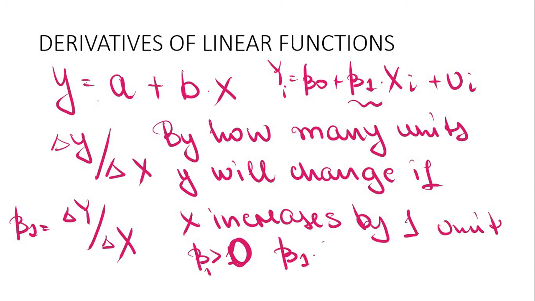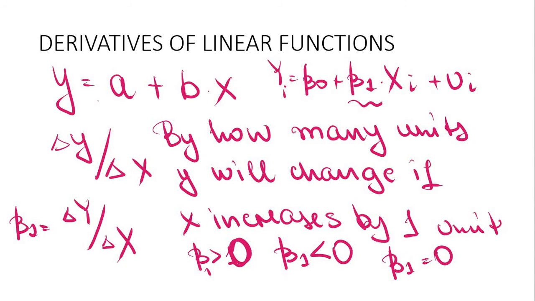Beta 1 can be negative, and this will imply a negative causal relationship, and beta 1 can be equal to 0, which will imply no causal relationship. So in general, derivative is the rate of change. Derivative in case of linear function will be constant because the rate of change of the linear function is constant.